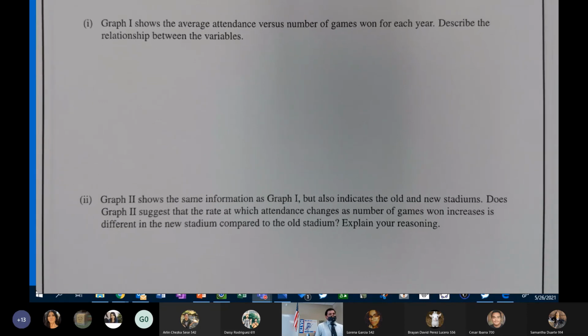Graph 2 shows the same information as graph 1, right, but also indicates the old and new stadiums. Does graph 2 suggest that the rate at which attendance changes as number of games won increases is different in the new stadium compared to the old stadium? Explain your reasoning.